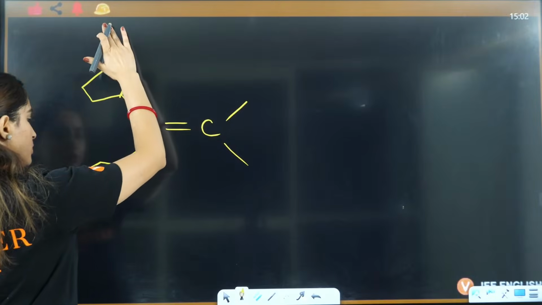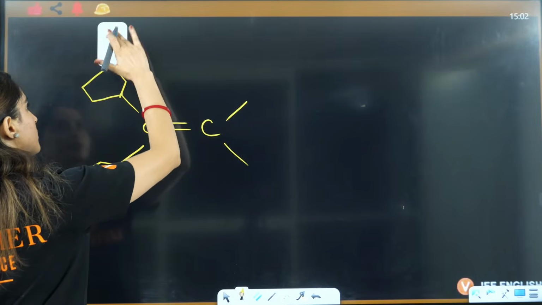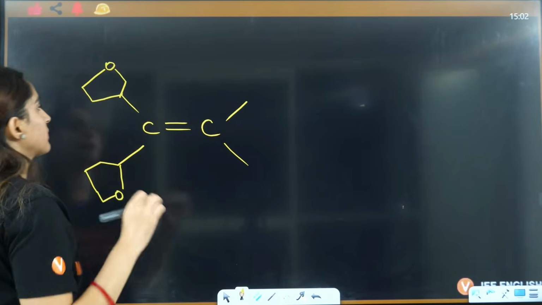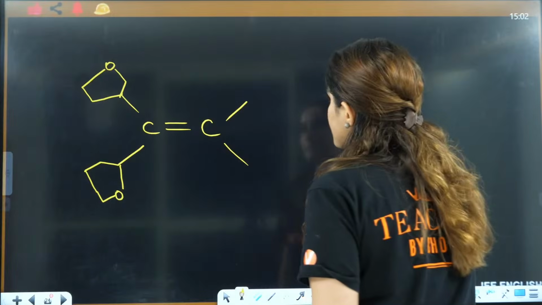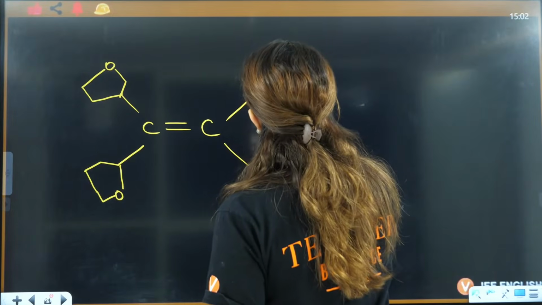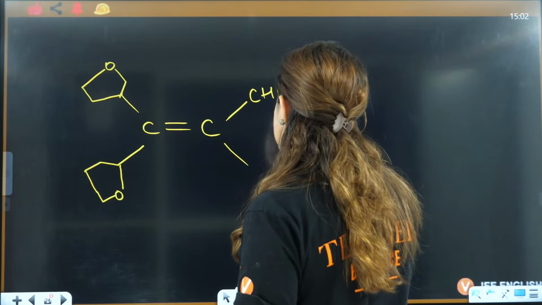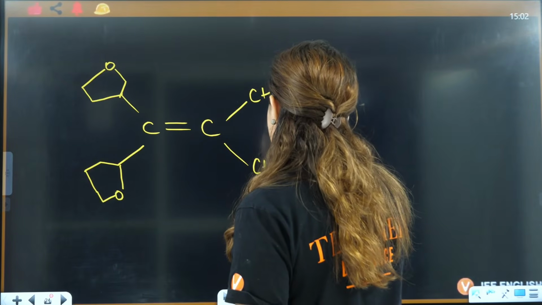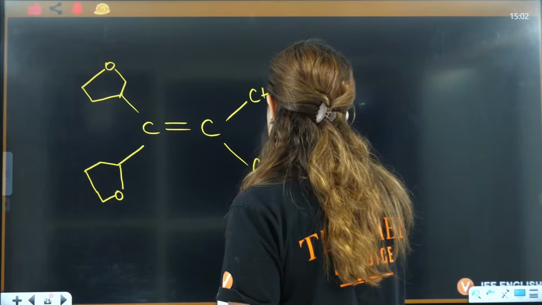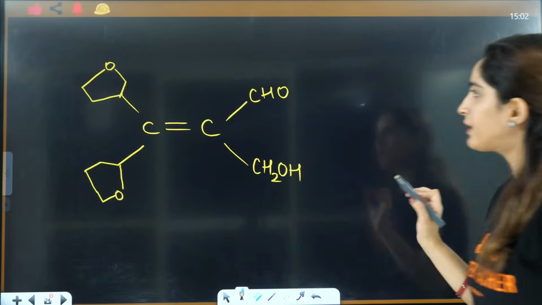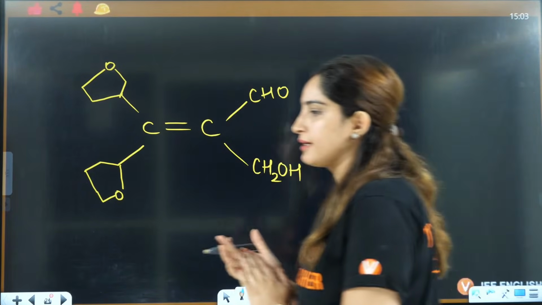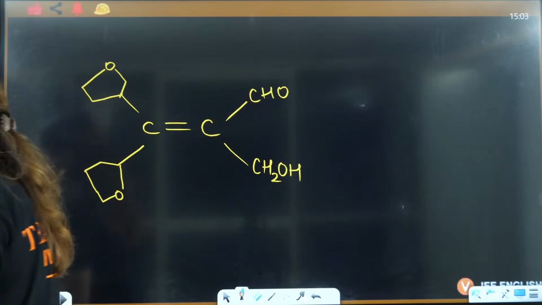Let's say here also you have this kind of situation. This is CHO and this is CH2OH. Now tell me which will be the correct answer here. Let's see if you can find that or not.